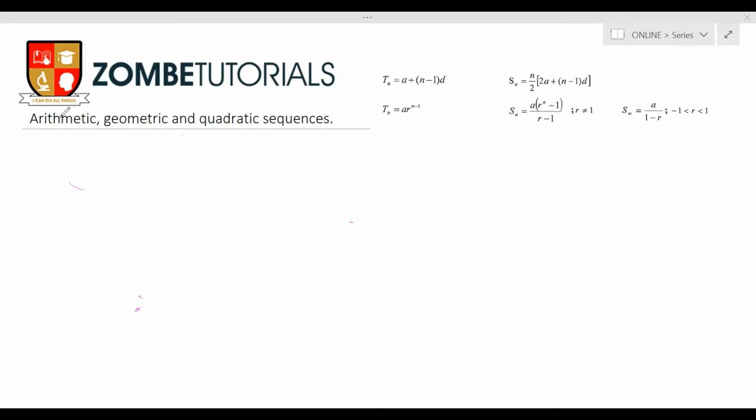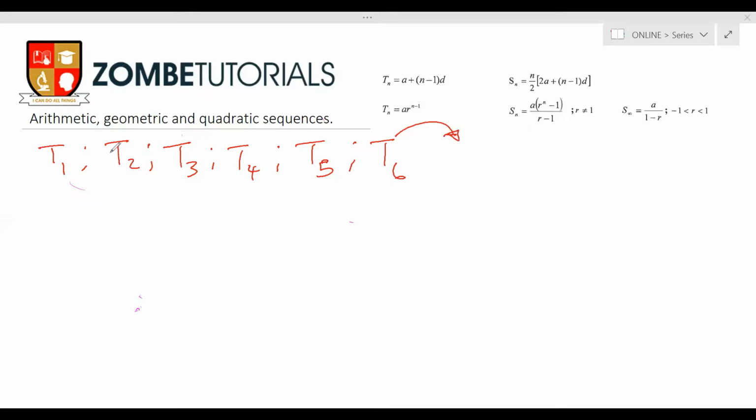So a sequence or a series is basically a chain of numbers that are written in a predictable fashion. So it's actually possible for you to determine what the next term will be in the sequence.